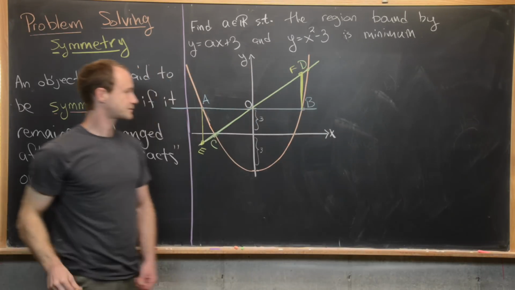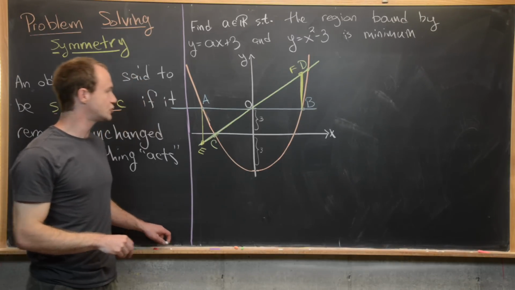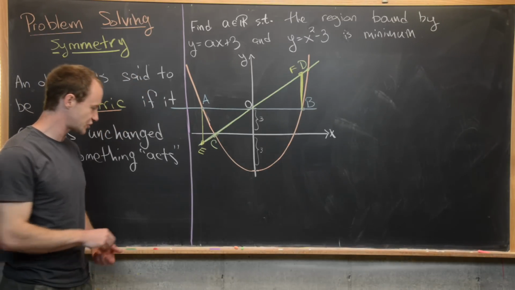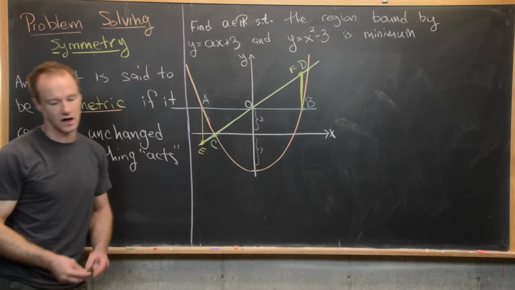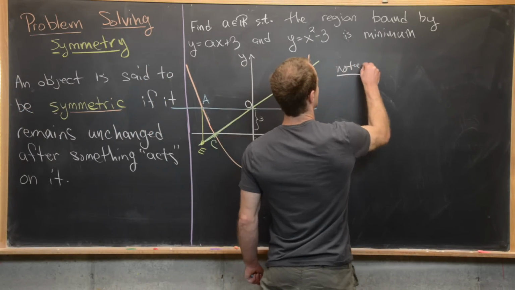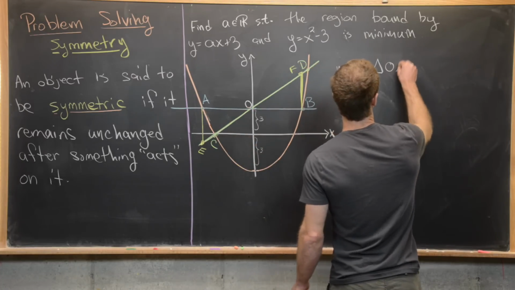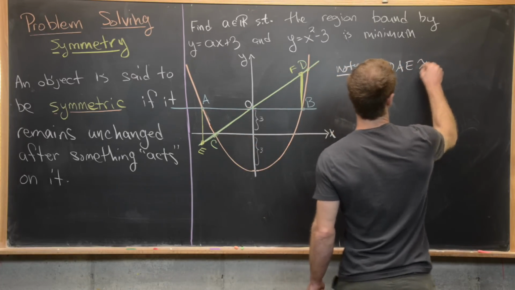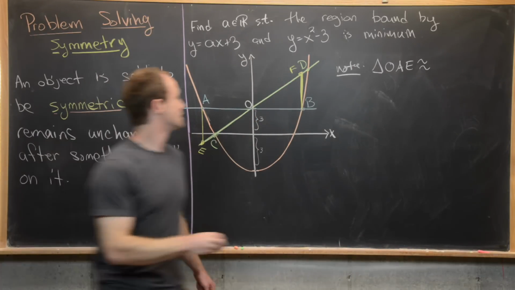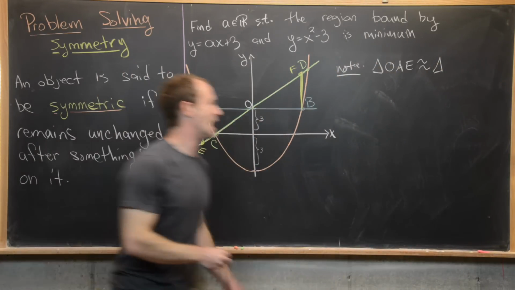Good. And now the next thing that I want to notice is that I've got 2 triangles built into this picture, which are most definitely congruent. So let's notice that triangle OAE is congruent to triangle OBF.